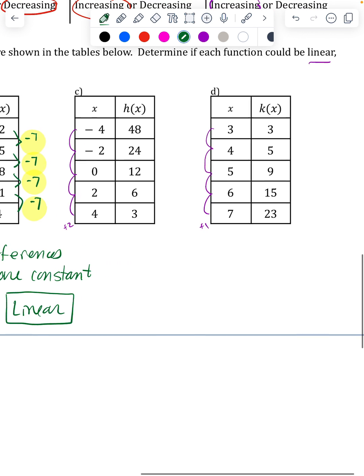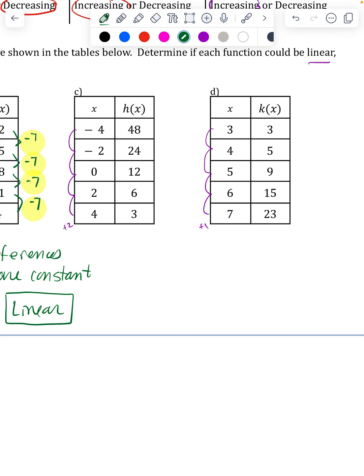Okay, here, let's see if we can figure out what's going on with these. This is going down by 24, and then down by 12, then down by 6, and then down by 3. So when I look at these, they're clearly not the same, so it isn't linear. I can see that I'd take half of this to get to 12, half of 12 to get to 6, half of 6 to get to 3.